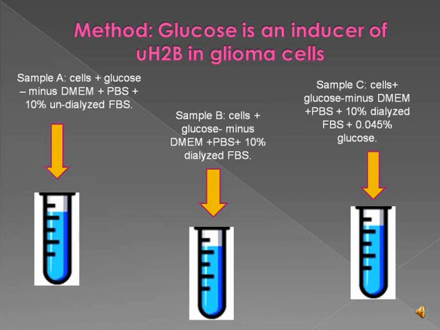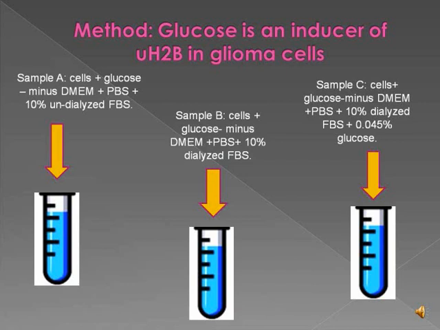Sample A contains cells that were placed in glucose-lacking DMEM and PBS for 6 hours with 10% undialyzed FBS. Sample B contains cells that were placed in glucose-lacking DMEM and PBS for 6 hours with 10% dialyzed FBS. And sample C were placed in glucose-lacking DMEM and PBS for 6 hours with 10% dialyzed FBS and 0.045% glucose.